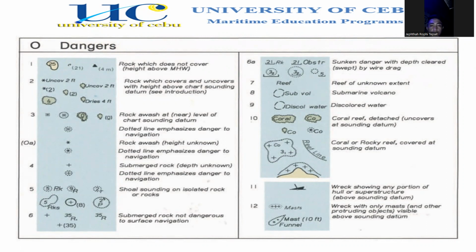These are the symbols that you can see on nautical charts, the danger symbols, such as rock which does not cover, height above MHW; rock which covers and uncovers, with height above chart sounding datum; rock awash at the level of chart sounding datum; and symbols with a dotted line that emphasizes danger to navigation.